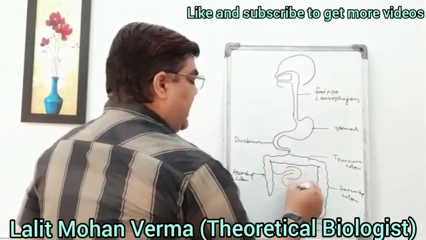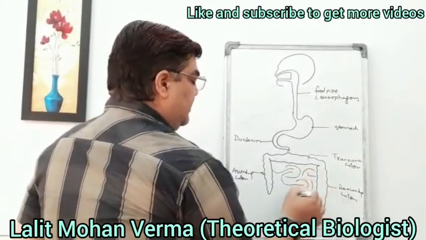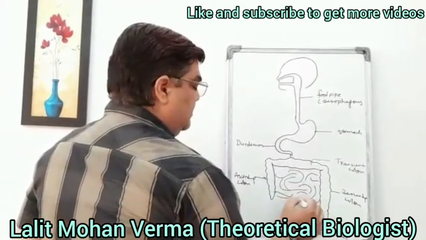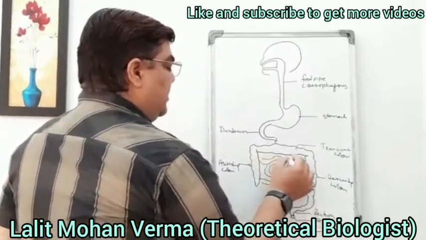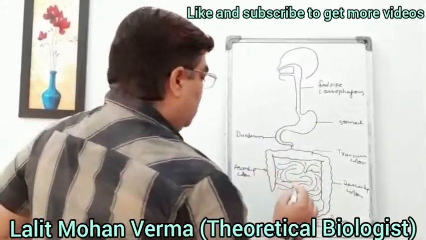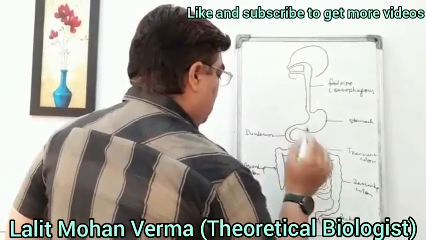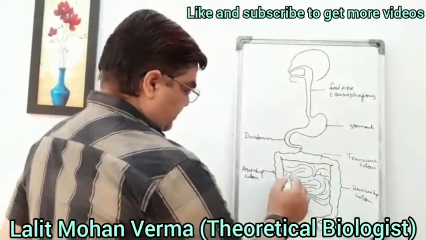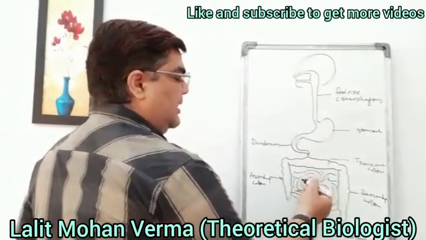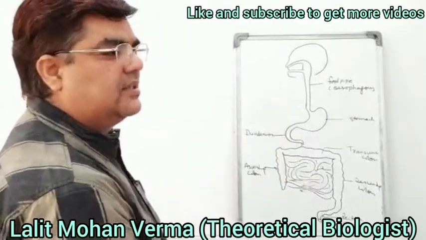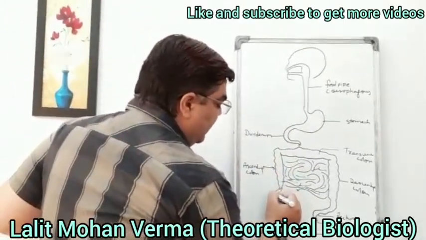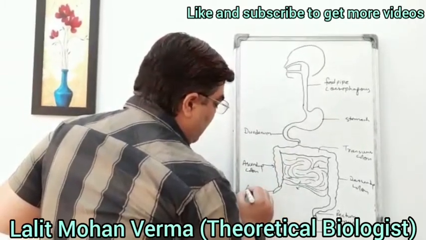Here the small intestine is compactly fitted, which is approximately 20 feet long. Okay, and you can say approximately 9 meters is the total alimentary canal, and 6 meters is the small intestine. And here is a finger-like structure that is called the appendix.